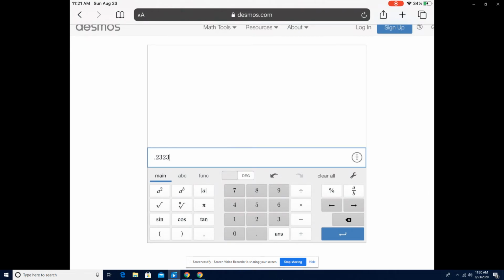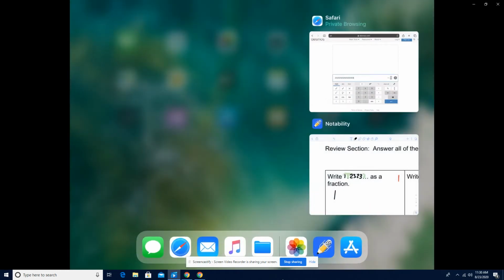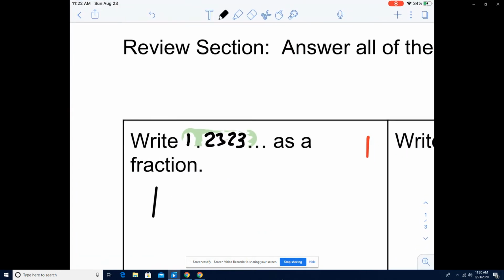You'll notice how it has a fraction sign there. Don't stop there. Keep typing in and see how it disappeared. When it comes back, that's when you know you've done it as a repeating decimal. So it's 23 over 99. Go back to your Canvas page, you put 23 over 99. So the only part that really has to repeat is the decimal part. So the 1 is just going to stay 1.